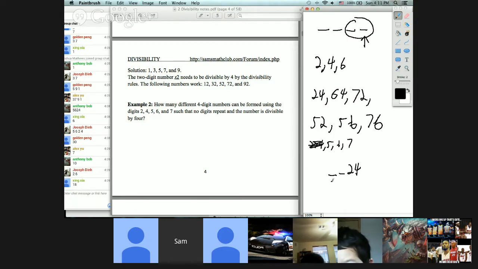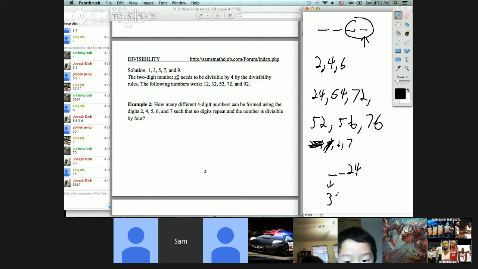And then let's say you put a 5 there. Now you have 2 different numbers left, so you multiply by 2. So there's 6 for each set of these. And there are 1, 2, 3, 4, 5, 6 numbers. So 6 times 6, and you get our answer 36.